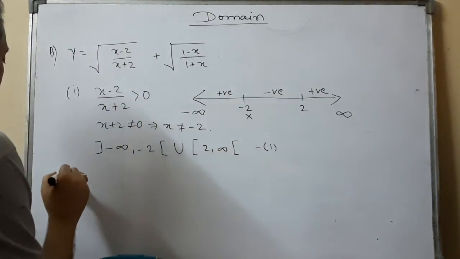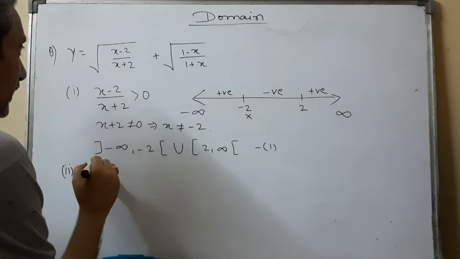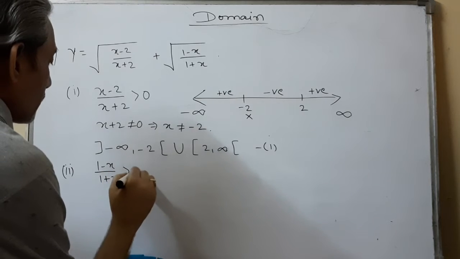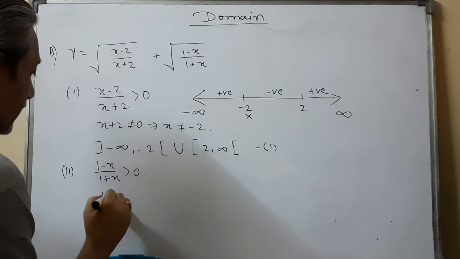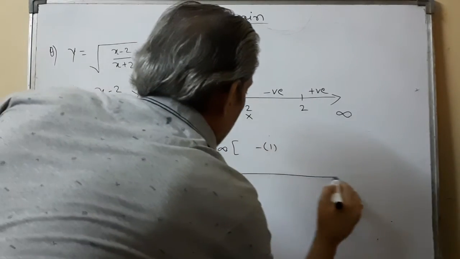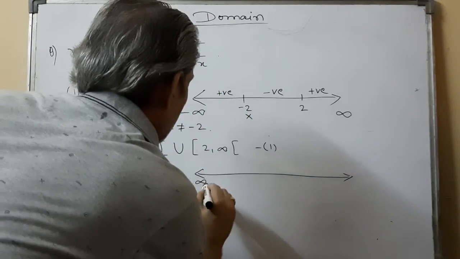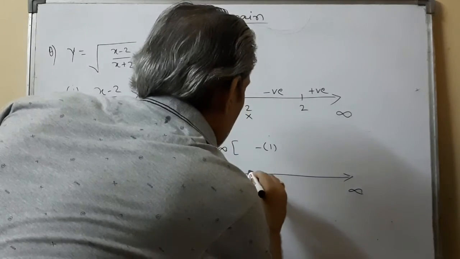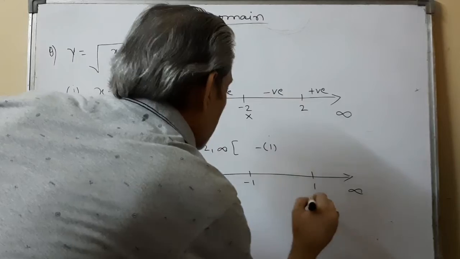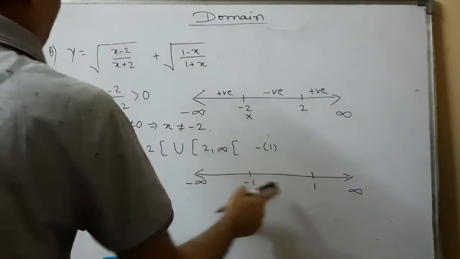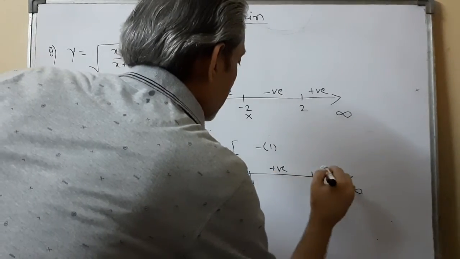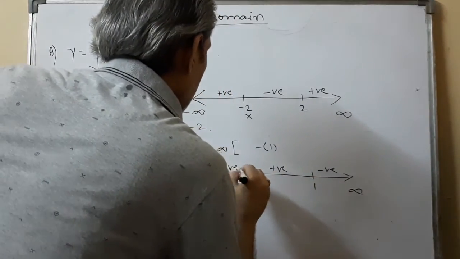Now we'll find out this. Again same thing, this thing should be more than 0, and this thing 1 plus x should not be equal to 0. Now plot it on the number line. We're getting two values, -1 and 1. Check it for 0. For 0 we're getting it positive, positive, negative, negative.